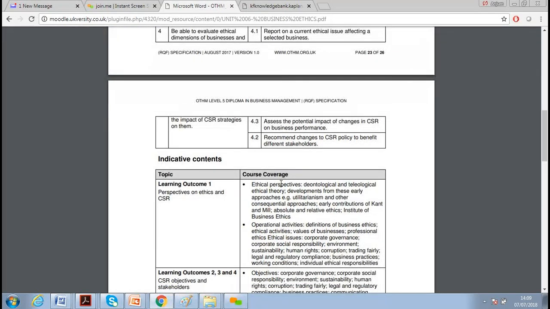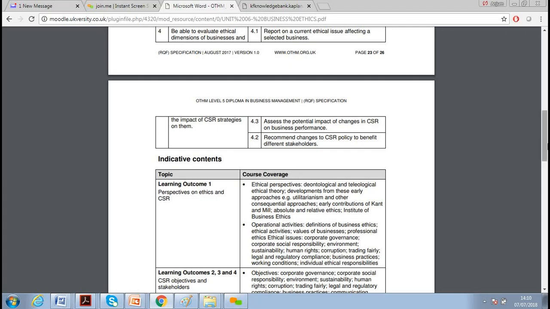Yes, we learned different ethical theories. We discussed Scholzberg theories, Kant and Mill's theories, obsolete and relevant ethics. We discussed Tanner, deontological and teleological theories and all these, which is part of your assignment.